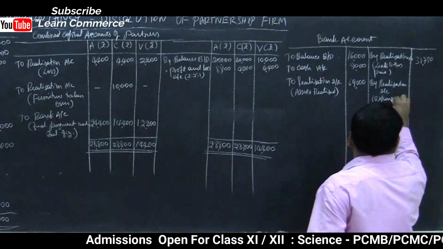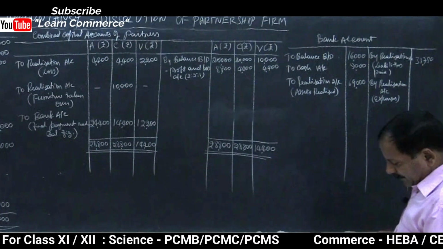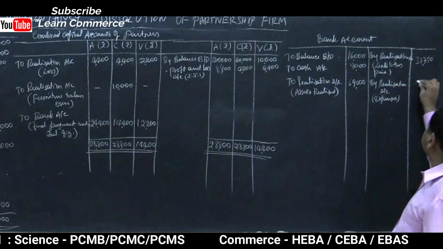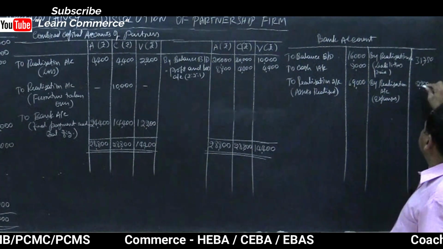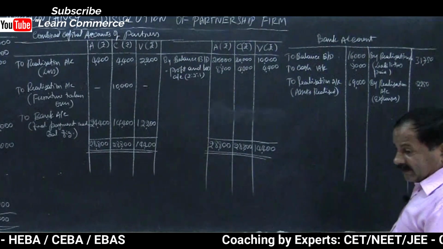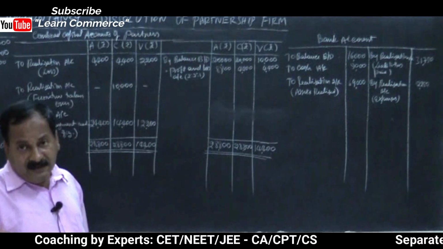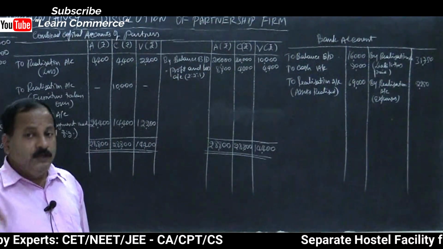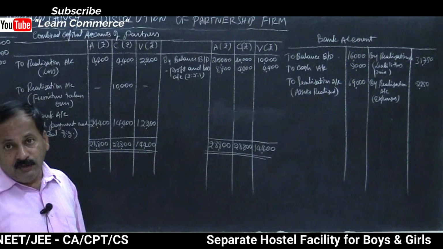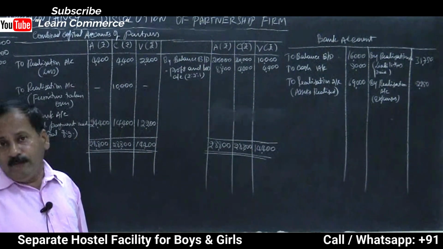How much is it? 2,250. Then there is a loan of the partner. I told you, before making the final payment of their capital balances, you must pay the loan. And after paying the loan only, you have to pay the final balance.